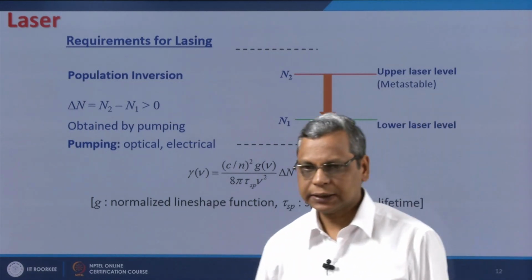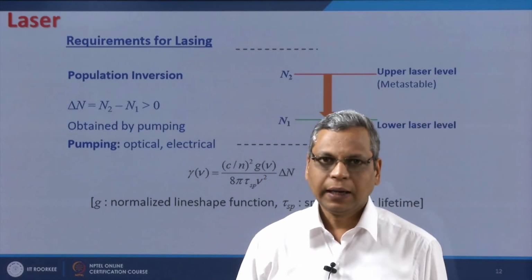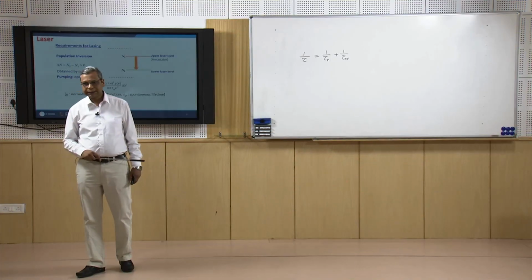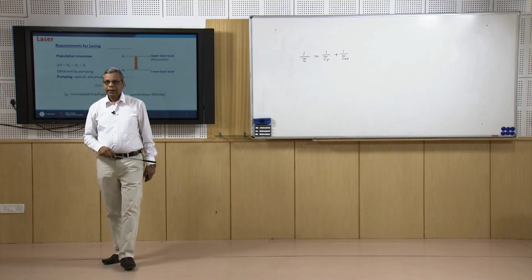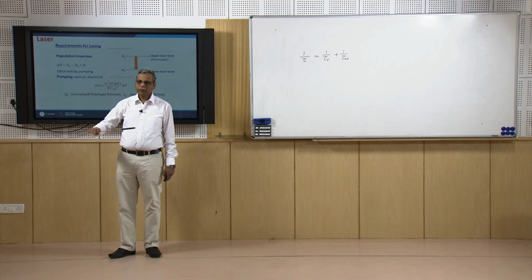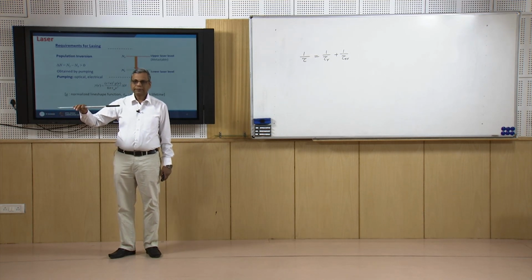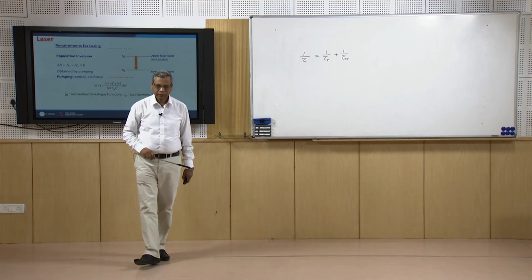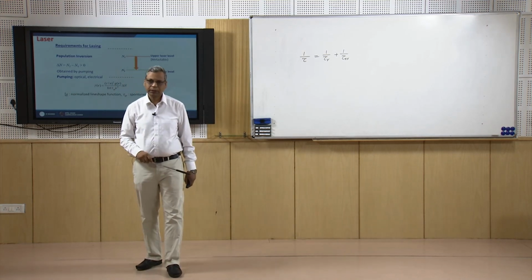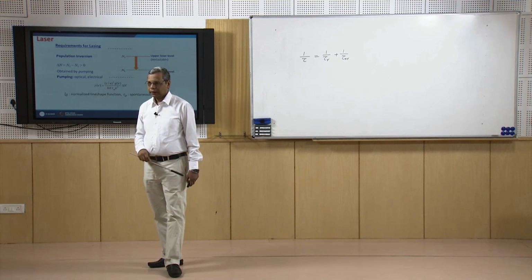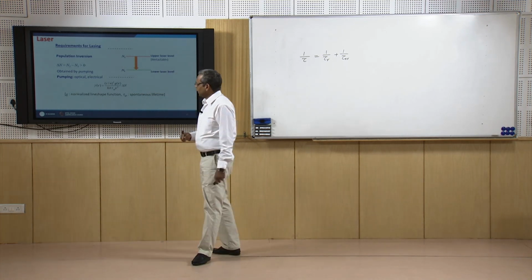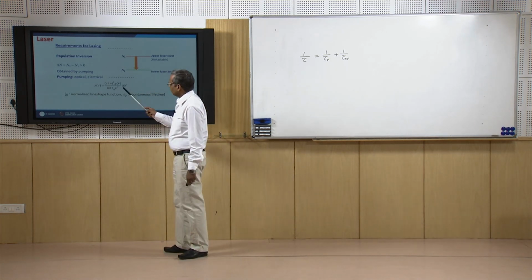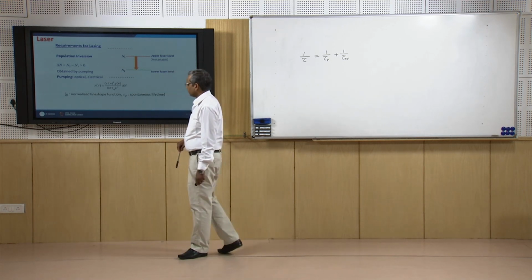If I have such a system and have achieved population inversion, then if I input a signal, it will be amplified via stimulated emission. The gain of that amplification is given by this expression.